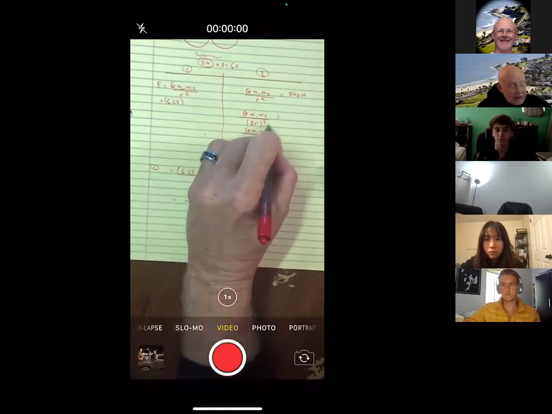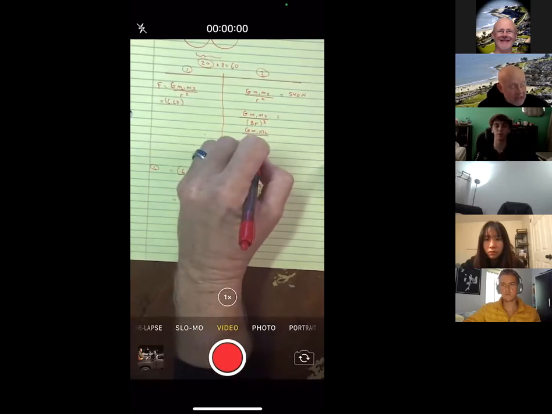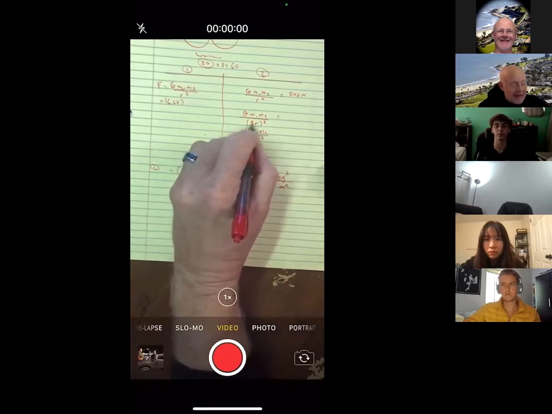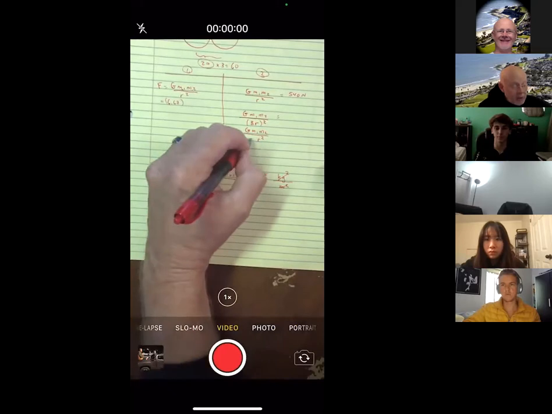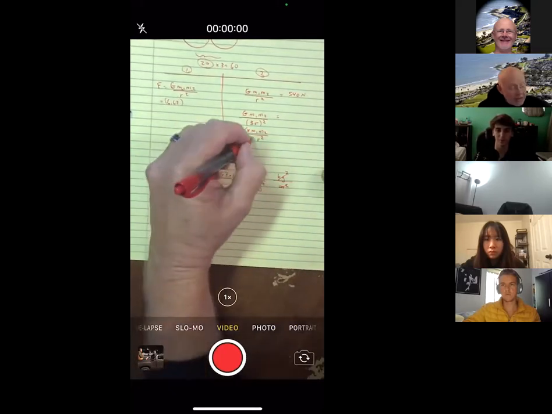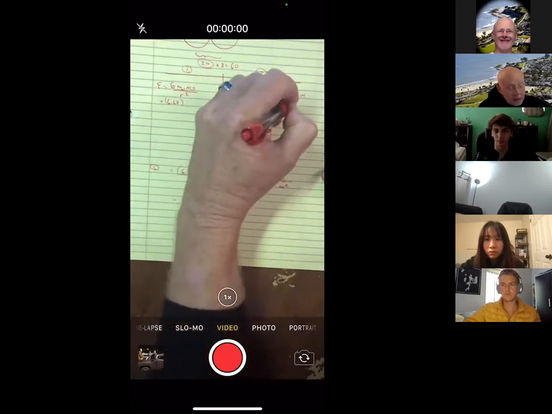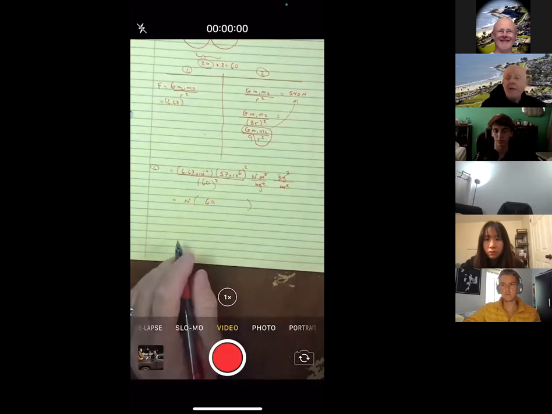So if I have 3r squared, that is the same as an r squared and a 3 squared. Well, a 3 squared is just a 9. And all these numbers, if I put them in, are supposed to come out to be 540.